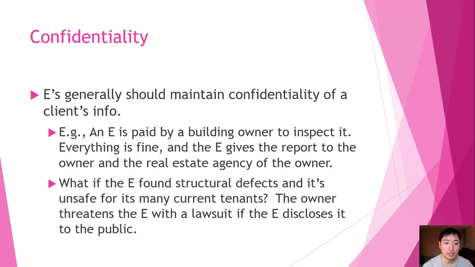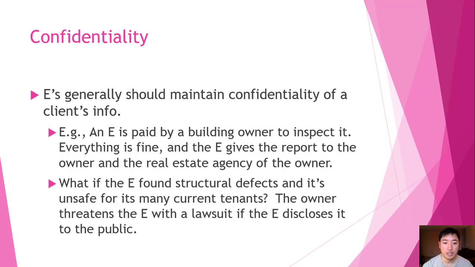In our first example, an engineer is paid by a building owner to inspect it. Everything is fine. The engineer inspects the building and says structurally everything looks good. And the engineer gives the report, in this case, to the owner and the real estate agency of the owner. The owner never asked the engineer to give this report to the real estate agency.